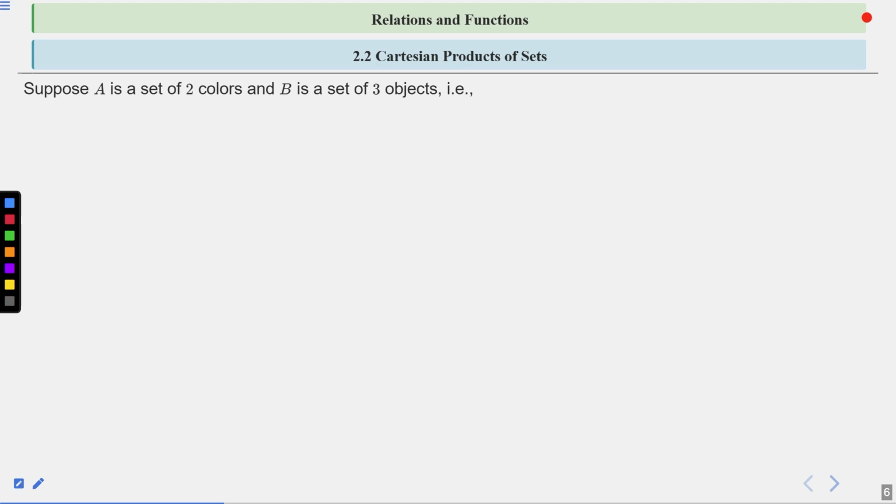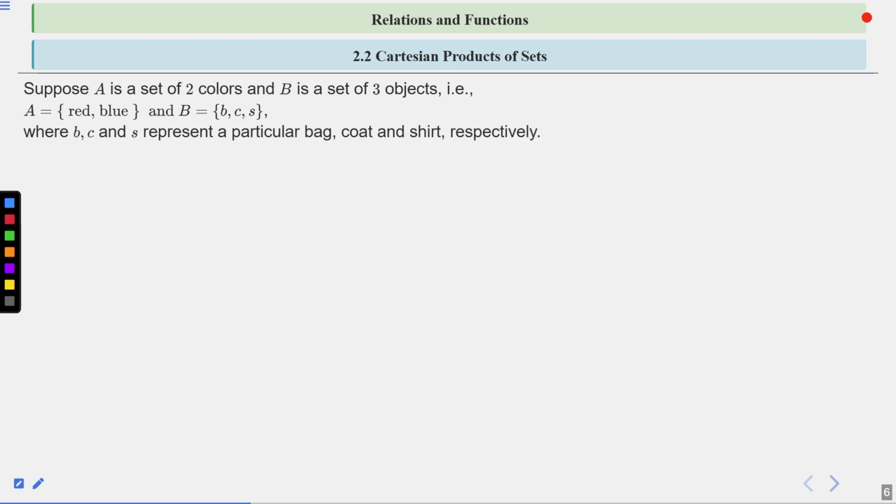That is, I have my A set in roster form as {red, blue}, any two colors, and B with three objects named b, c, s. Clear? Now, these b, c, s represent a particular type of what? Bag, coat and shirt.